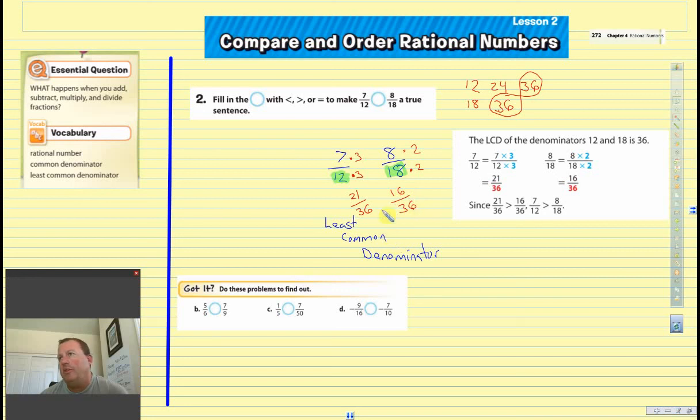Now both of these are split up into 36ths, so now I can compare them. Over here I have 21 36ths, and over here I have 16 36ths. Well, 21 is greater than 16, and 21 36ths is 7/12 reduced. So that shows me that it is greater than 8/18.